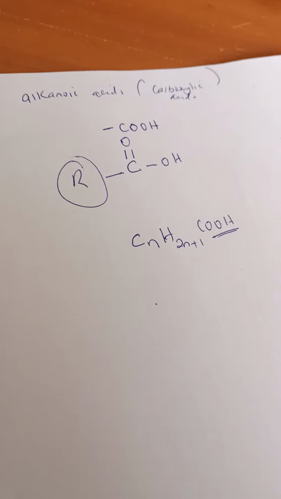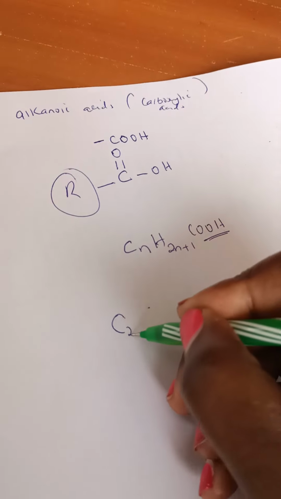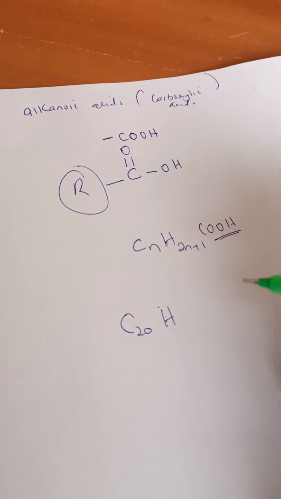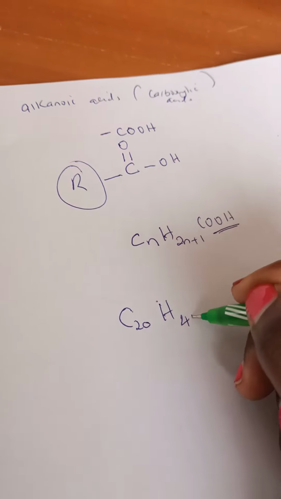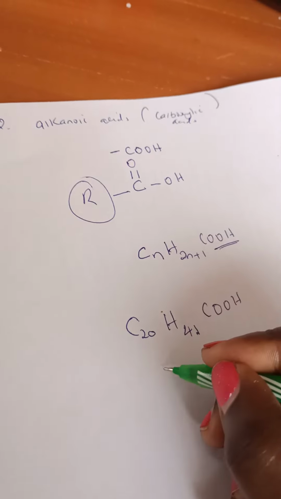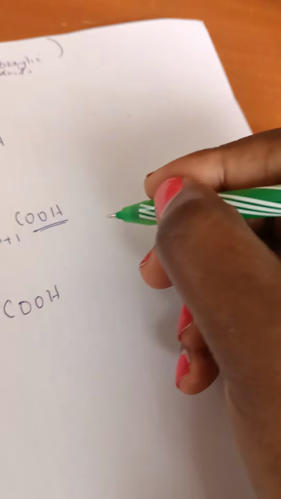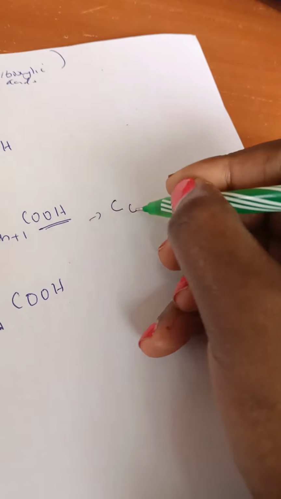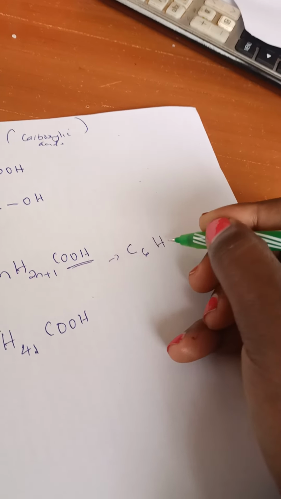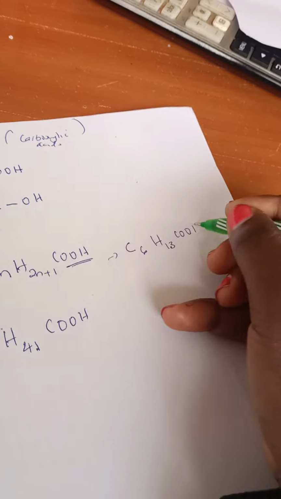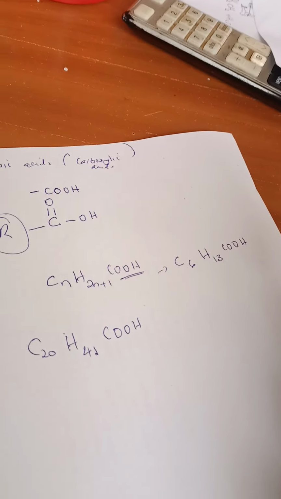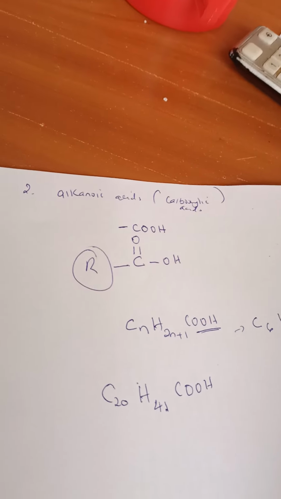Such that when I have C20, then H is 20 times 2, 40 plus 1, 41, then COOH. When I have C6, then H is 6 times 2, 12 plus 1, 13, COOH. That is how we draw or name alkanoic acid.